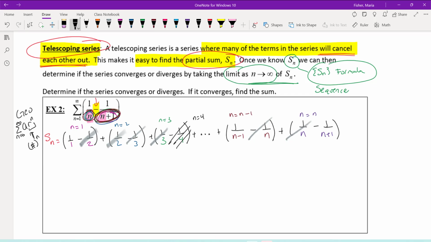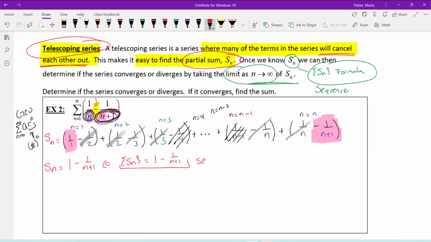Well, if I would have written here the term before, n equal n minus 2, then this term would have canceled as well. So it looks like the only things that I'm left with are my very first term and my very last term. S sub n, the partial sum, is 1 over 1, or just 1, minus 1 over n plus 1. So this is the formula to find the sum of the first n terms.